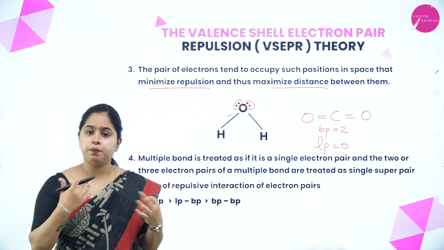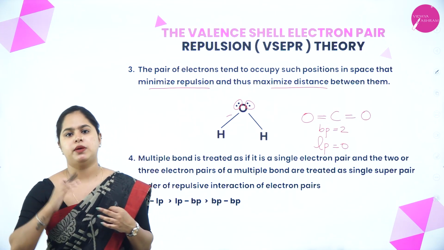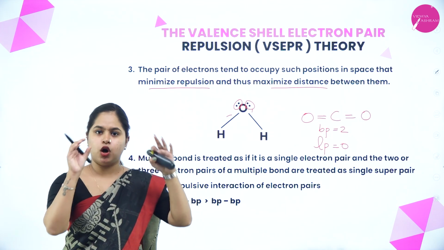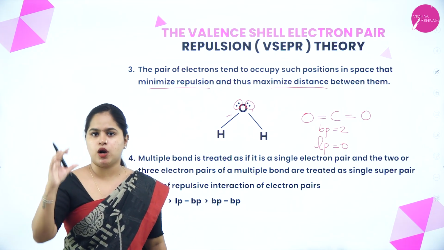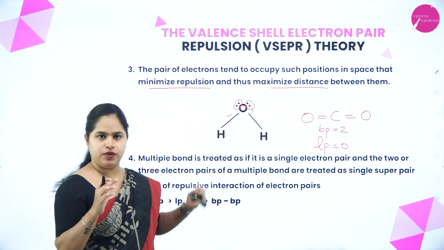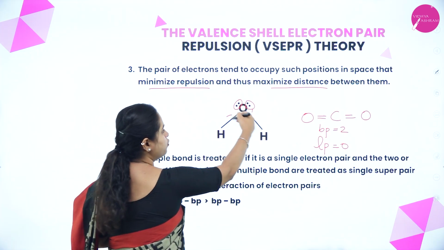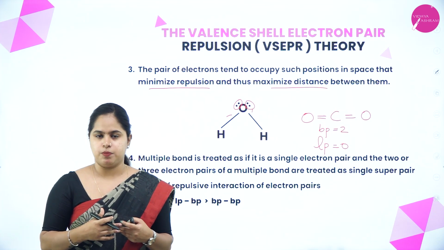The repulsive forces between lone pair and lone pair will be the maximum. As you can see, the lone pairs are present on the top of the oxygen atom, and they are able to move freely around the atom, as we know that lone pairs are not bonded with any other atom. So their repulsion will also be the maximum, right?